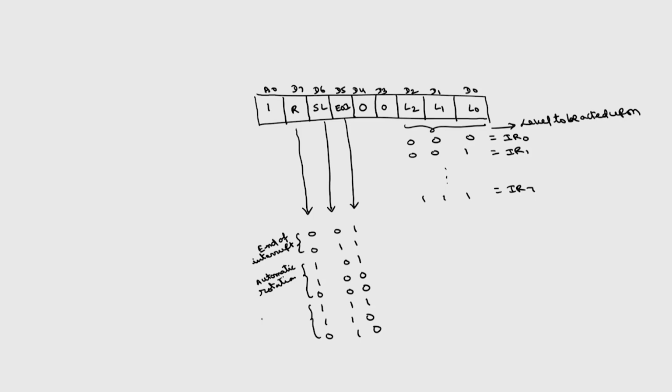This we have already explained. On the other side, the first one represents the non-specific EOI command. I have explained what is meant by non-specific. And 0, 1, 1 represents the specific EOI command.